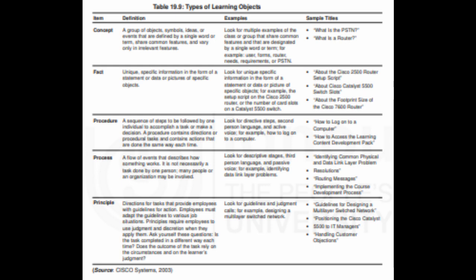Process. Use a process RLO when you need to teach how a system works. A process RLO is helpful in supporting underlying job tasks, providing motivation, and ensuring the overall quality of job performance. A process can be defined as a flow of events that describes how something works. It is a task that involves many persons or organizations, not a task to be done by one person.